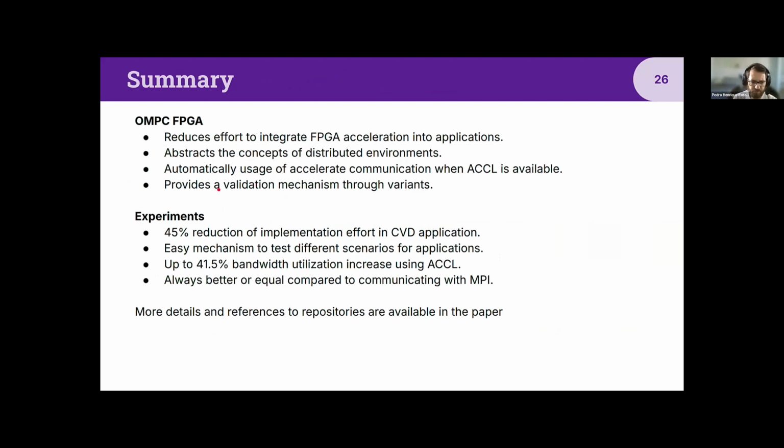And basically, in the experiment, we see a 45% reduction in the effort to implement the CVD application, and a 41.5% bandwidth utilization increase using echo, among other things. So there is more information in the paper.